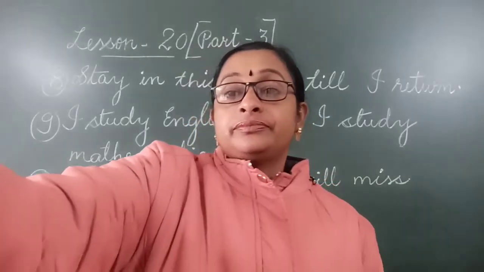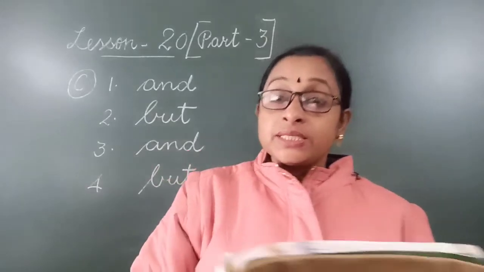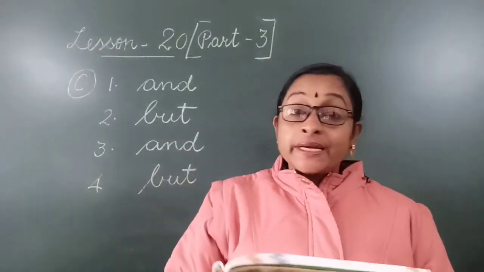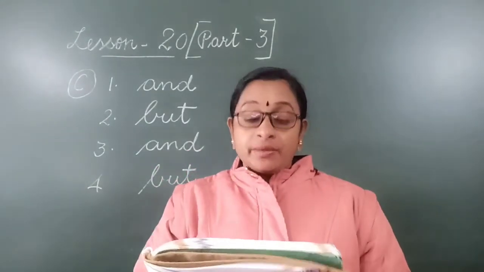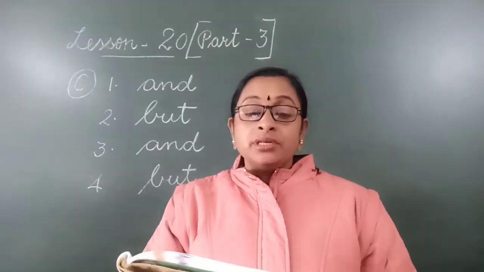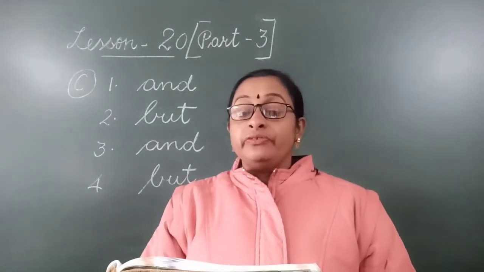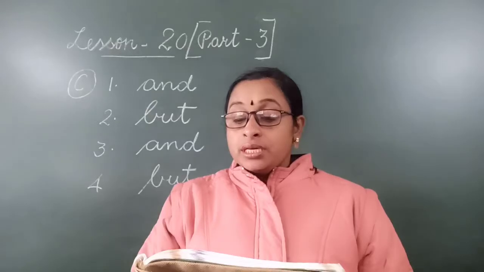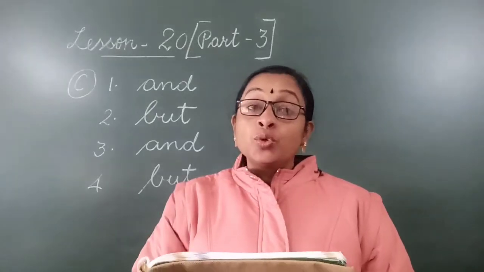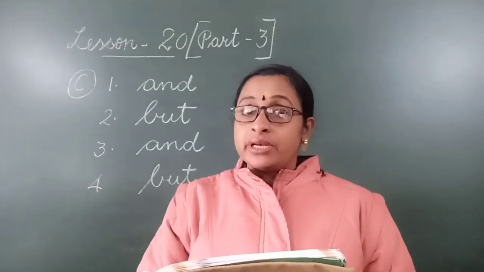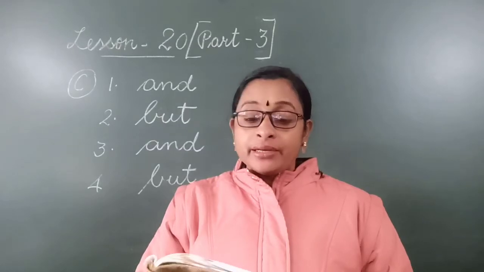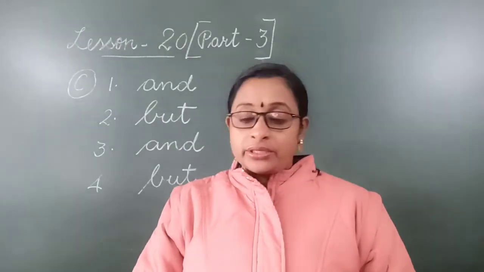Okay? Yes children, please read the question, exercise C, page number 88. Complete each sentence with the correct conjunction. In the bracket there are two conjunctions given. From that you have to select and write.